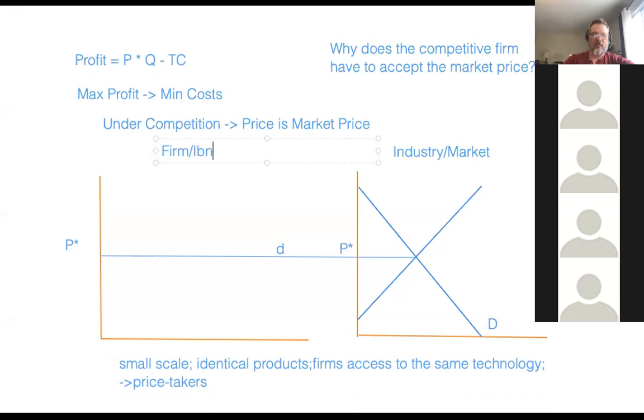At the individual firm level, you end up having this horizontal demand curve faced by the firm. Then this is where you end up getting competitive behavior at the firm level.